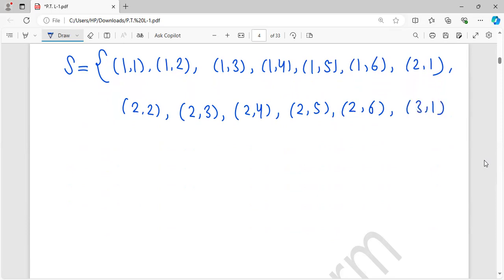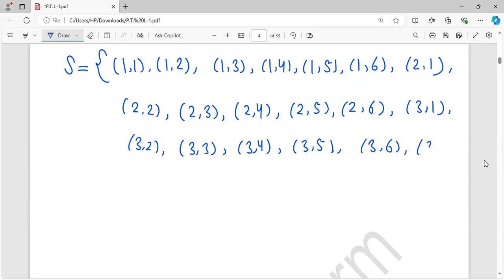3,1; 3,2; 3,3; 3,4; 3,5; 3,6. Sorry, there is no 3,7, because a die has only numbers 1 to 6. In this ordered pair, the first member is the number the first die gets, and the second is the number the second die gets after throwing.